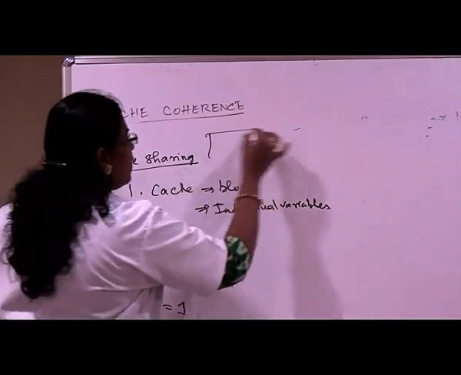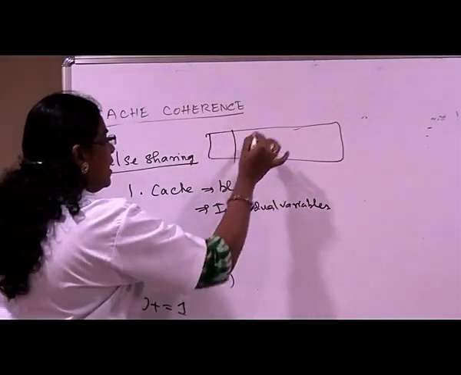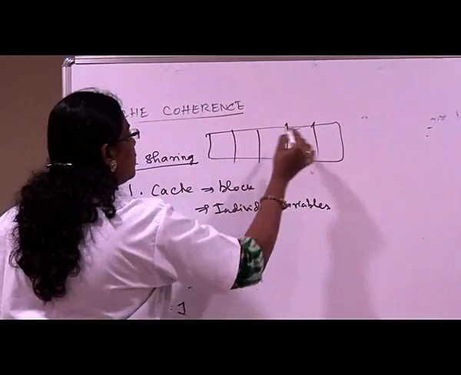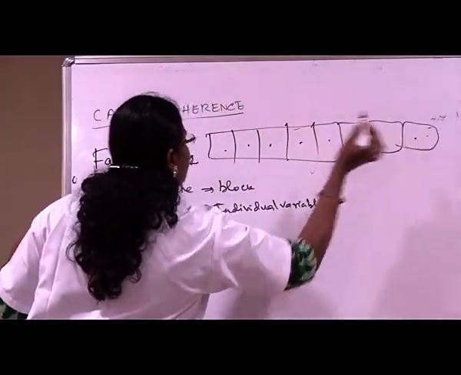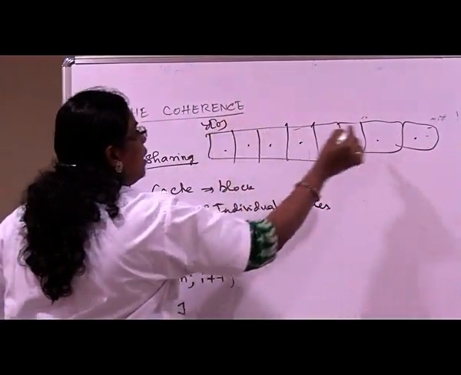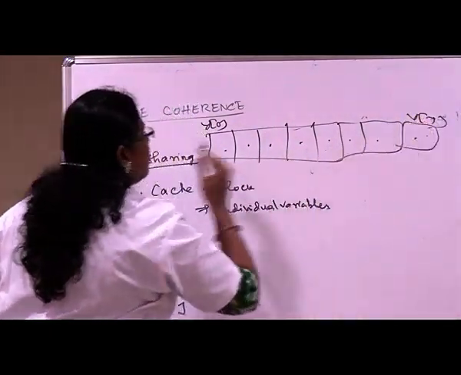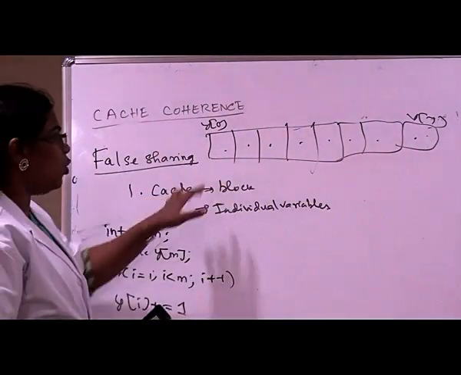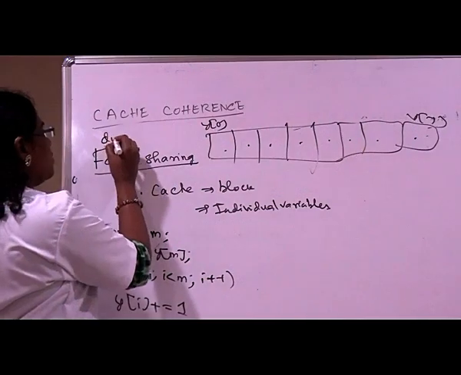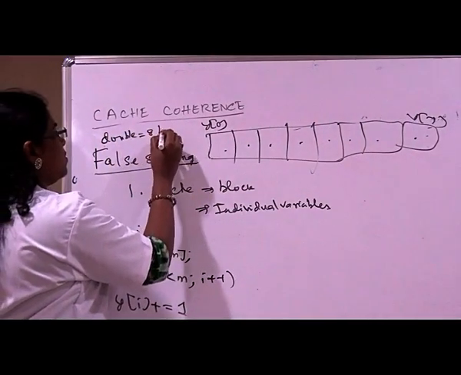Initially I have a cache block containing 8 double values, 1 to 8. So this is y of 0, this is y of 7. This cache block is of double values, and double means you already know it is 8 bytes.